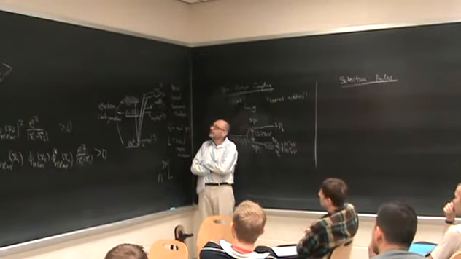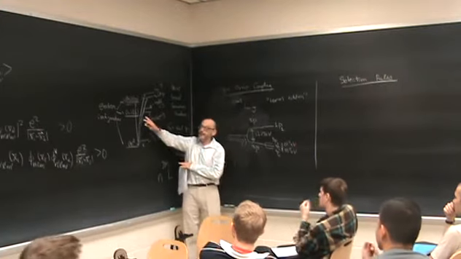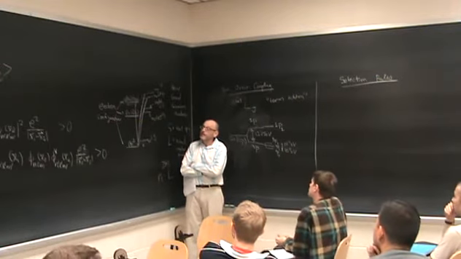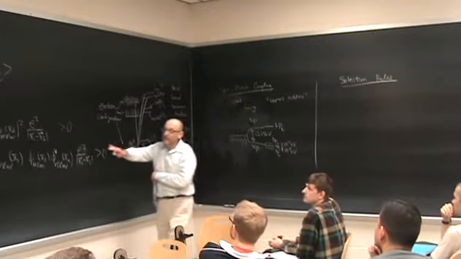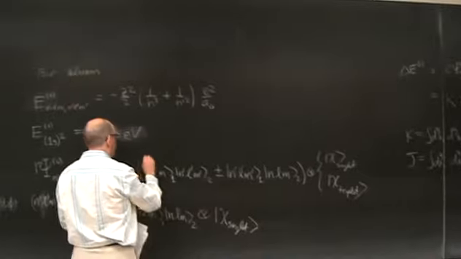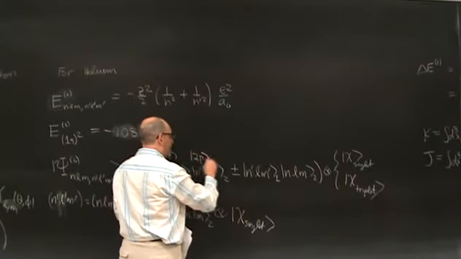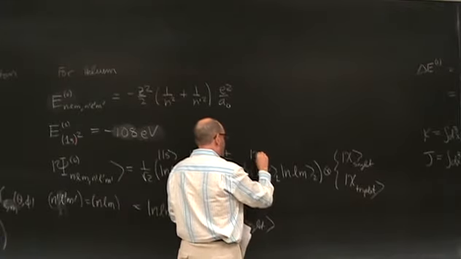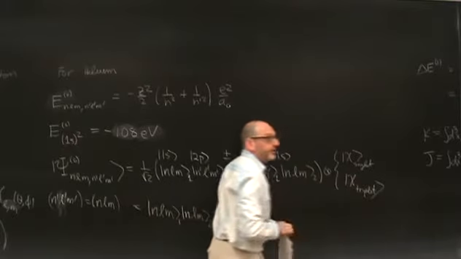Are you talking about both electrons going up there? Well, what I'm saying is there is a state, and the state itself is of the form, let's come back over here, 1s 2p plus or minus 2p 1s with the appropriate singlet or triplet.